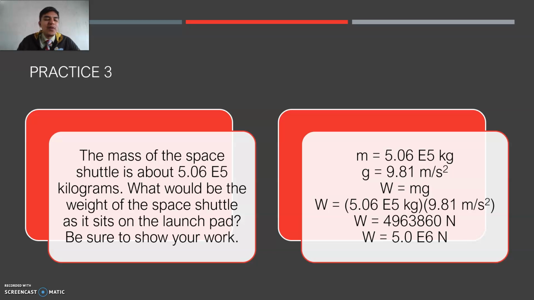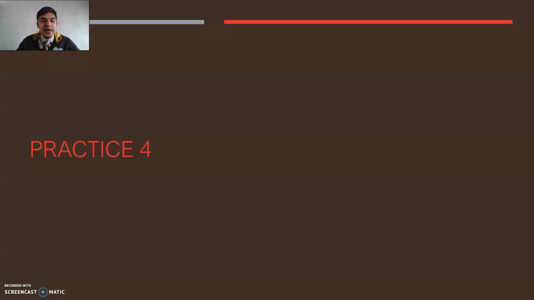So if you want to simplify all of this, and of course you want to use math notation, you can go back right here. So basically, summarized, our weight will be 5.06 newtons.